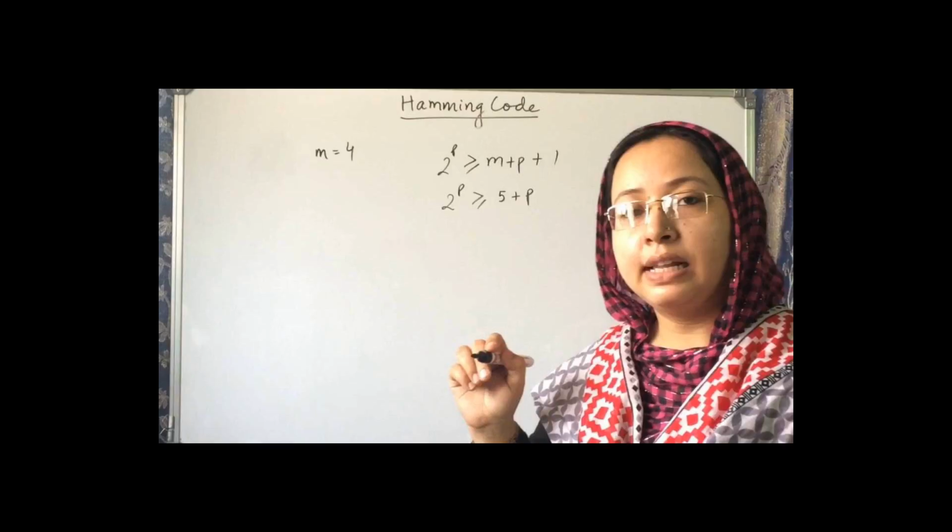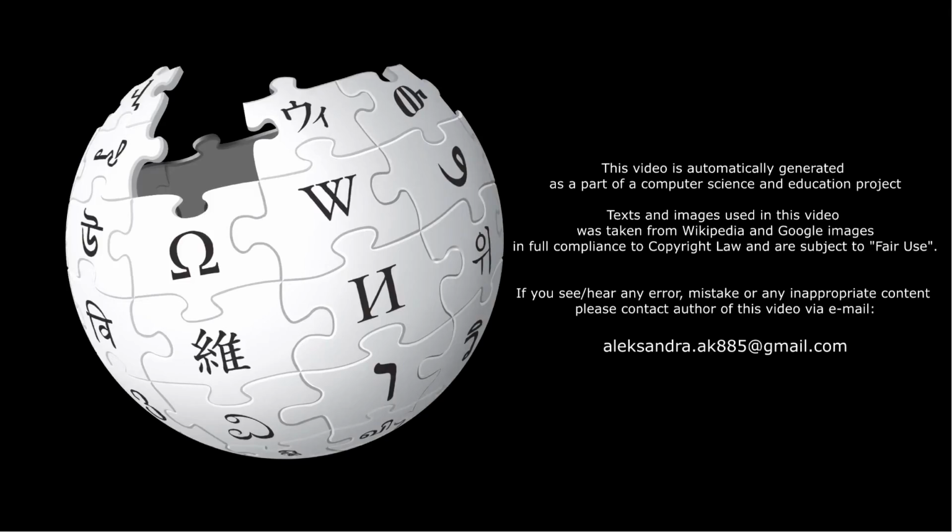General algorithm. The following general algorithm generates a single error-correcting (SEC) code for any number of bits. Number the bits starting from 1: bit 1, 2, 3, 4, 5, etc. Write the bit numbers in binary: 1, 10, 11, 100, 101, etc. All bit positions that are powers of 2 have only one 1 bit in the binary form of their position.